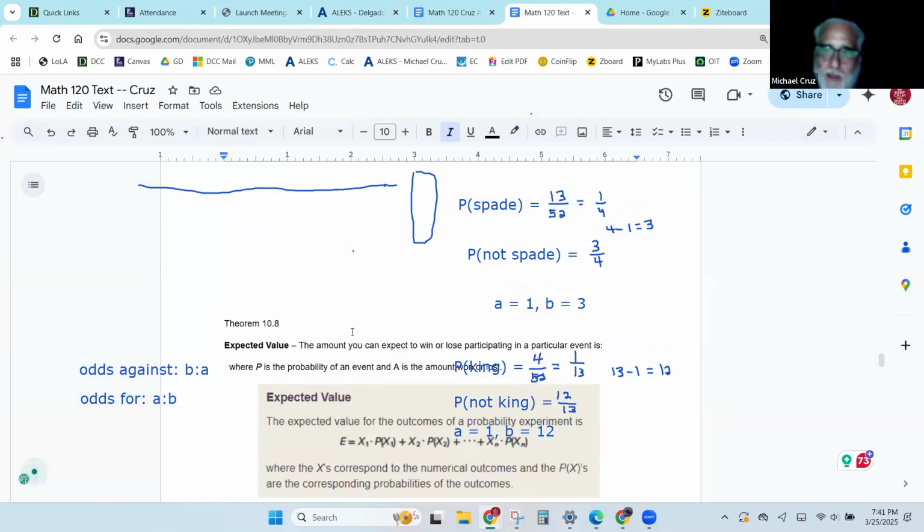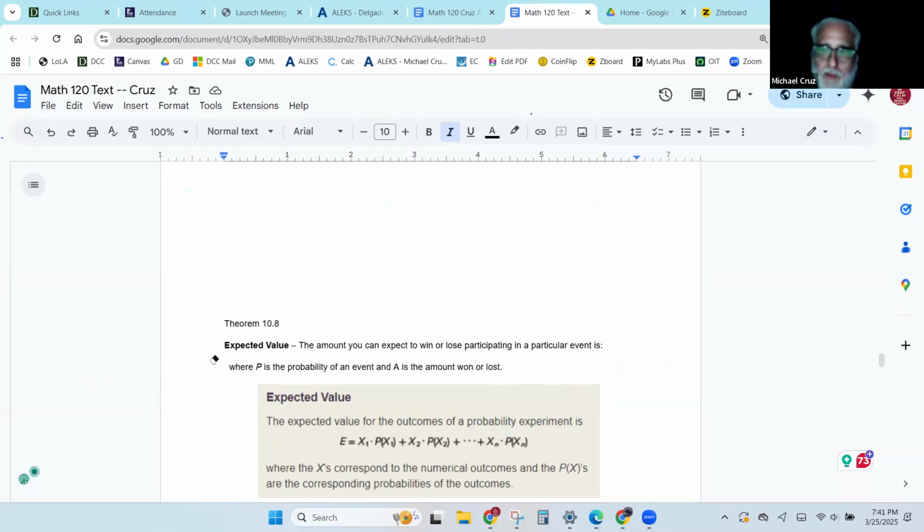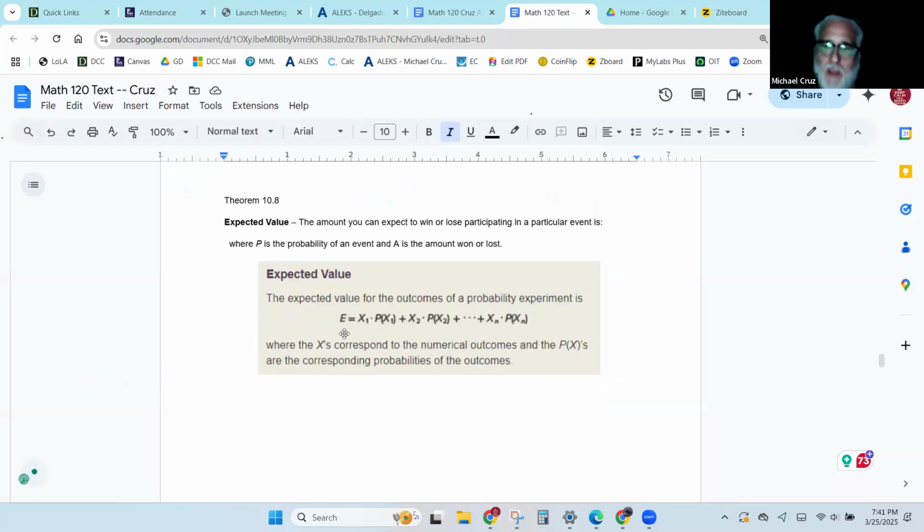So expected value, it's something that you can't really put into a formula that really makes a whole lot of sense. It just looks very, very menacing if you do, because you'll notice here that they give that the expected value is equal to x1 times the probability of x1 plus x2 times the probability of x2 plus ... all the way out.